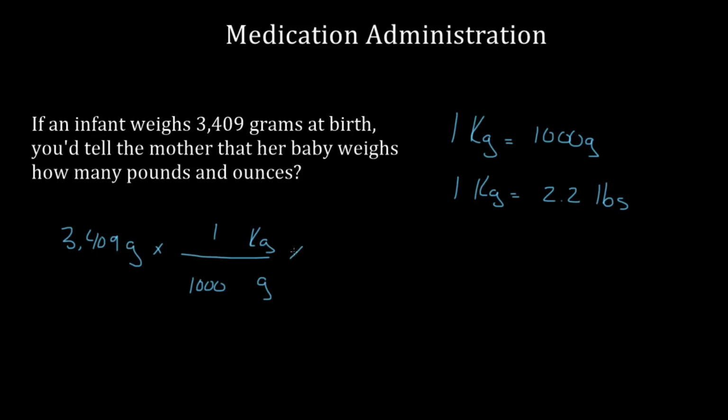We're going to go ahead and use this second conversion because we know that for every 1 kilogram, there is 2.2 pounds. Okay, so if we cancel our units, these grams cancel, these kilograms cancel, and all that we have left here is pounds.